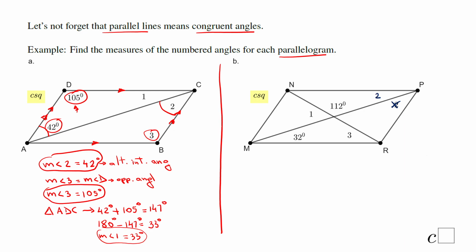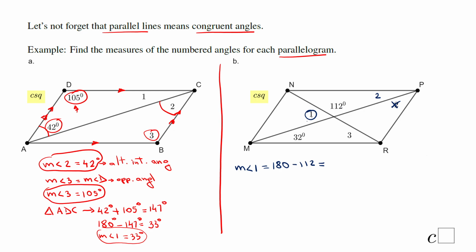And let's start with angle 1. Angle 1, we see here, will be 180 minus 112. So you notice here in this parallelogram I use another property, the fact that these two angles form a line. They are a linear pair.